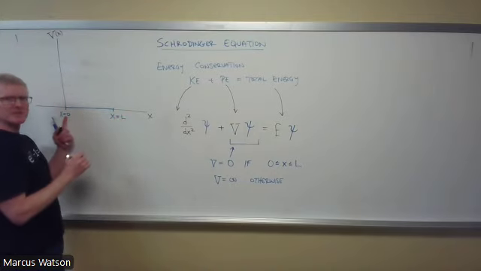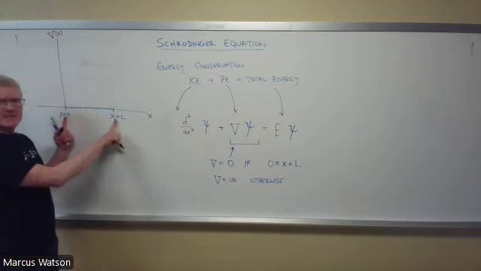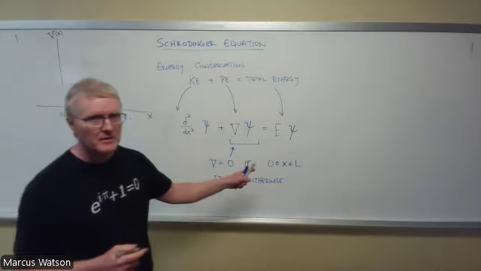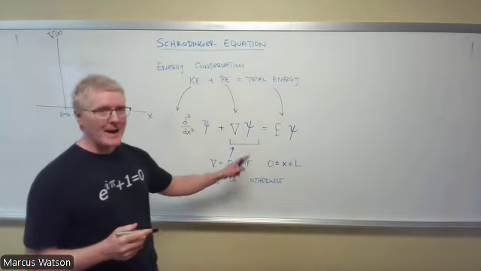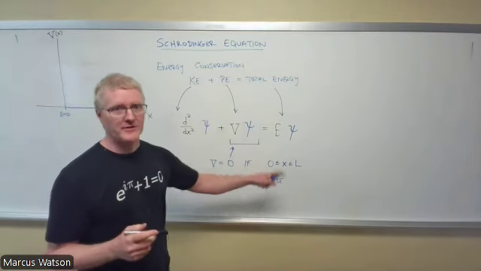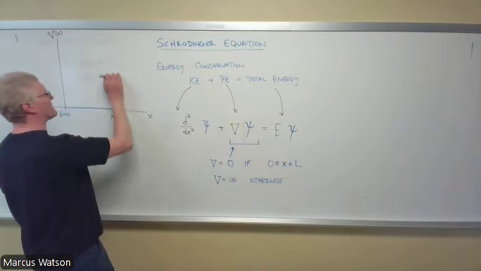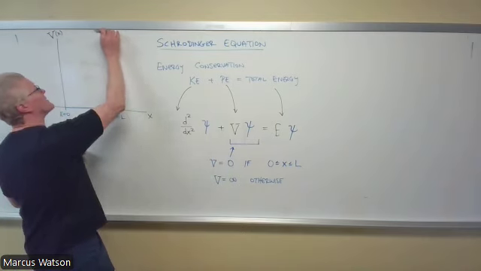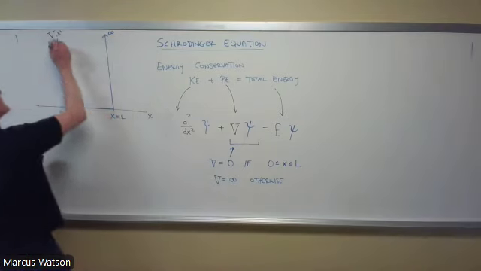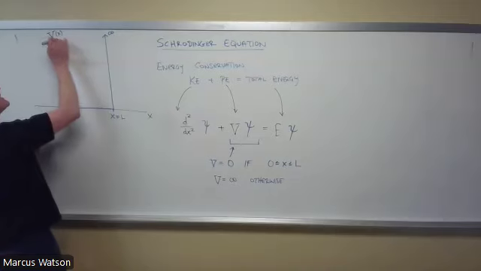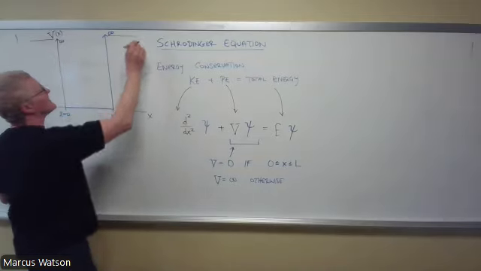So this is x equal to 0, this is x equal to L, and the potential energy is 0 there. But it's infinity if I'm outside of 0 or outside of L, which means I'm going to get something that looks like this. It goes up to infinity, and this side also goes up to infinity.